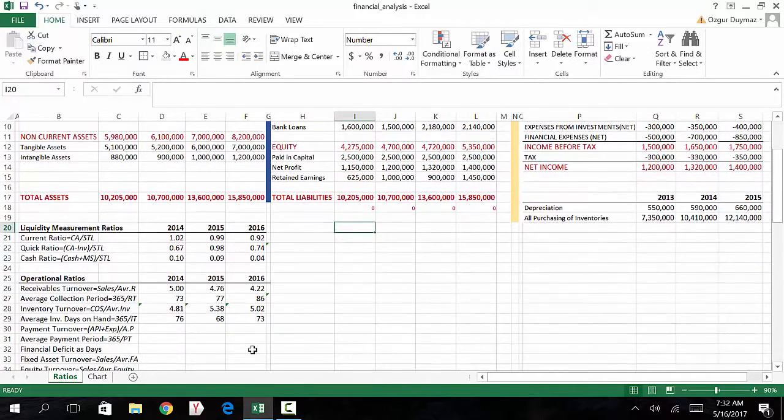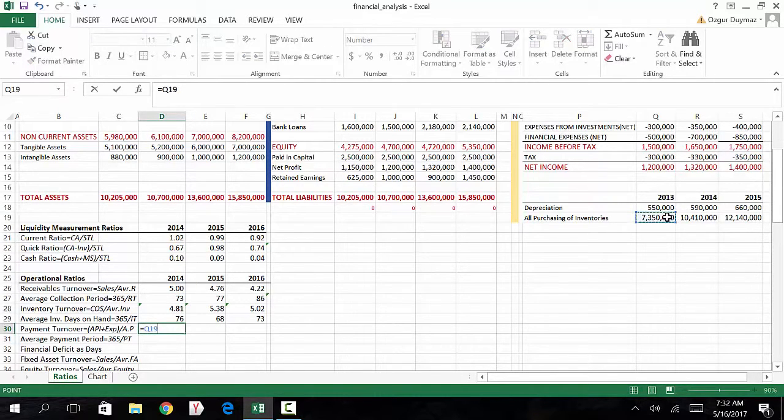And now all purchasing of inventory plus expenses cost.